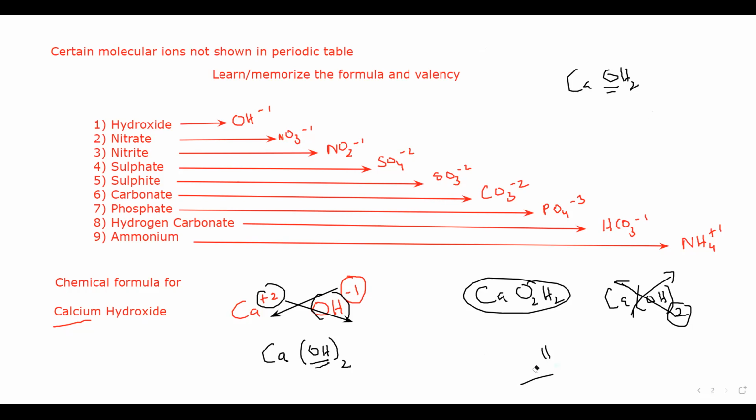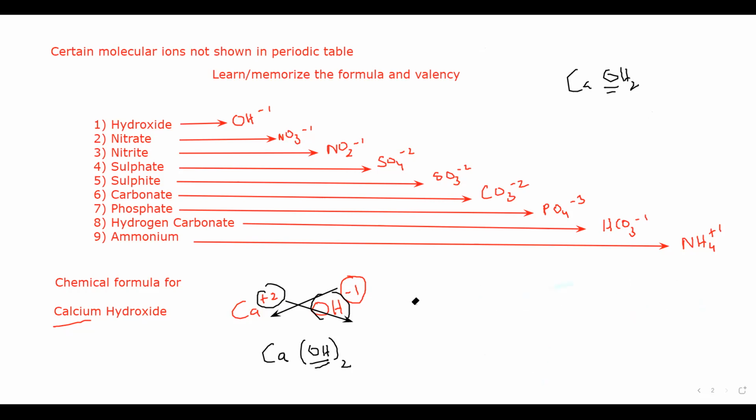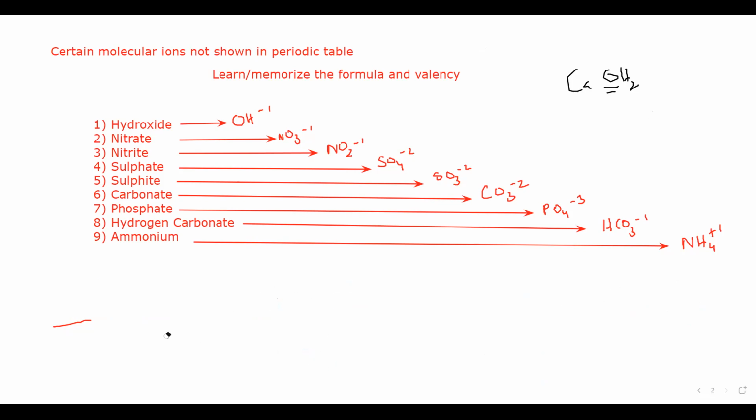Yes, sir. Another example. The reason I'm erasing this part is so that I can use this space to explain the second example. If I say write a chemical formula for aluminum nitrate, first, aluminum is Al.